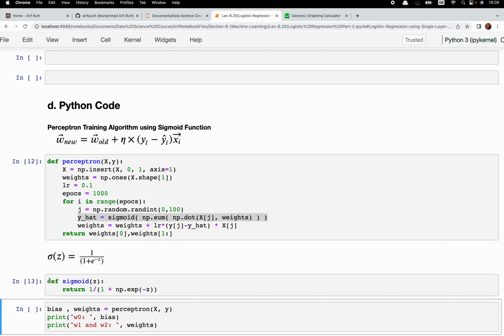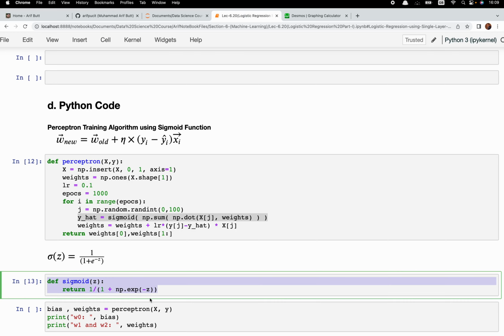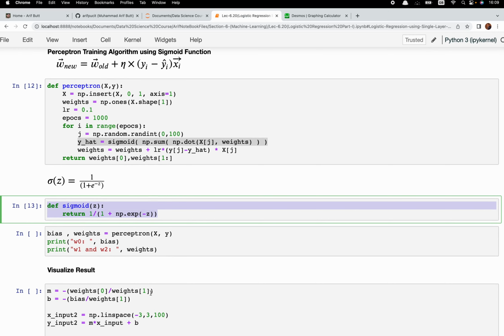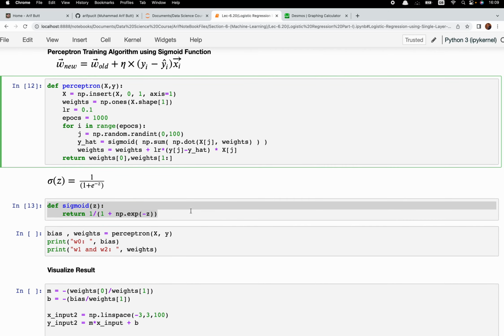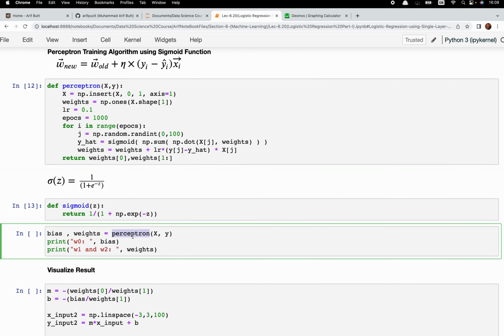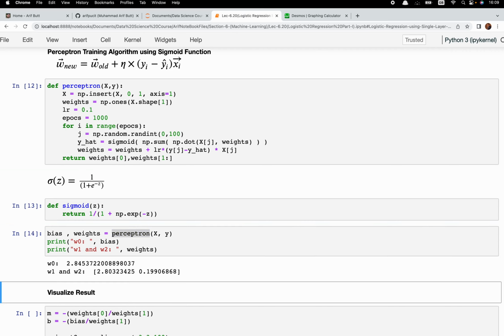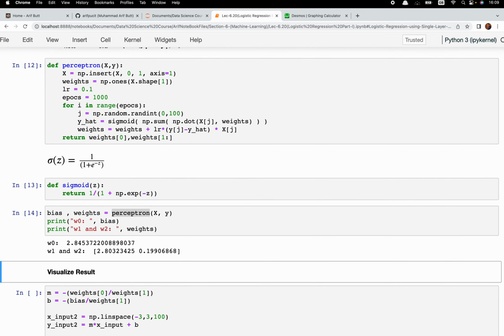And this is the sigmoid function. So we have just replaced the step function with the sigmoid function. Let me just execute these two code cells. And now let me call the Perceptron function that uses sigmoid and print the bias and the weights. Great. So the training is done.